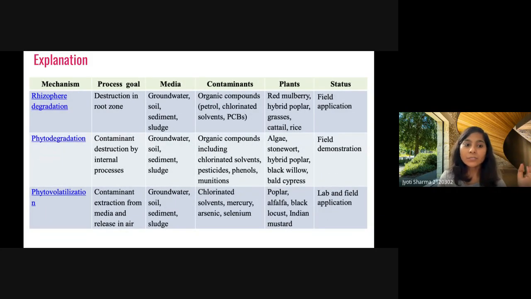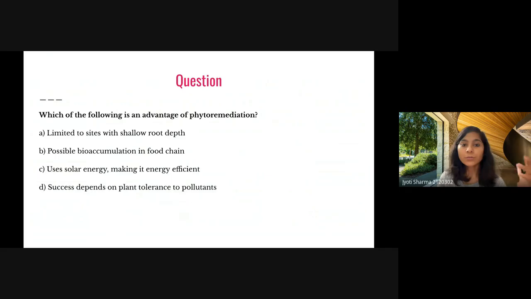In rhizosphere degradation, we are destructing that metal ion in root zone only. Phytodegradation, we are degrading that into some simpler forms. Volatilization means we are extracting that from the root and we are releasing in the air. So this is how we do have different processes.